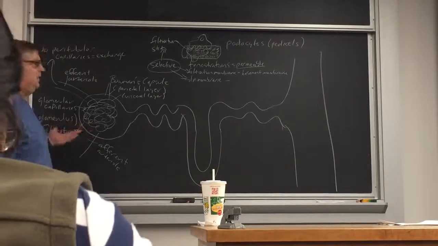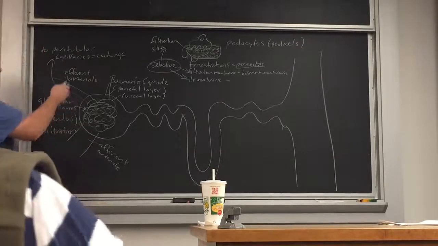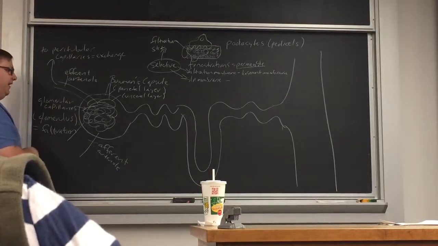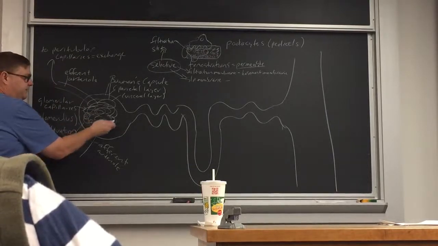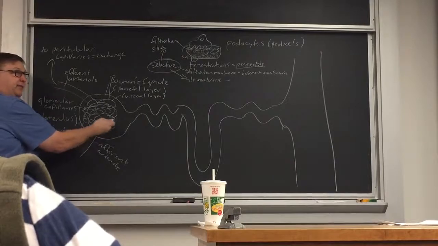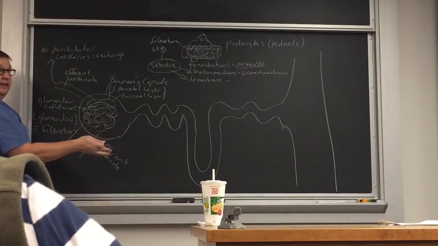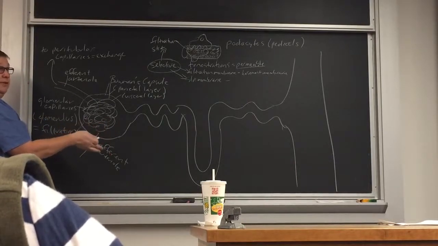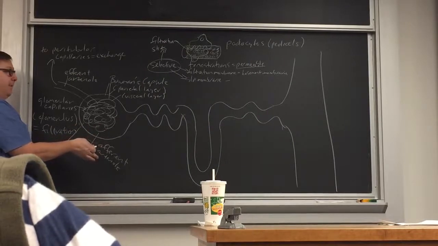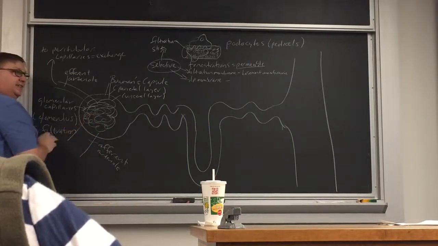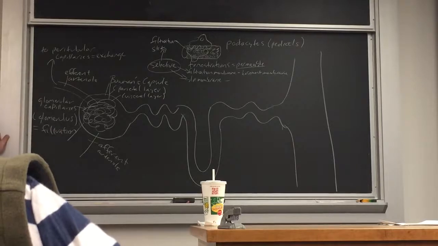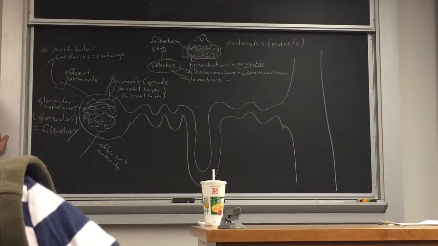So, not surprisingly, and this gets to the idea of the selectivity, the stuff that gets through that's been filtered is called the filtrate. Don't write that down yet, because it's not called the filtrate yet. Because it's protein and cell-free, we use a different term.